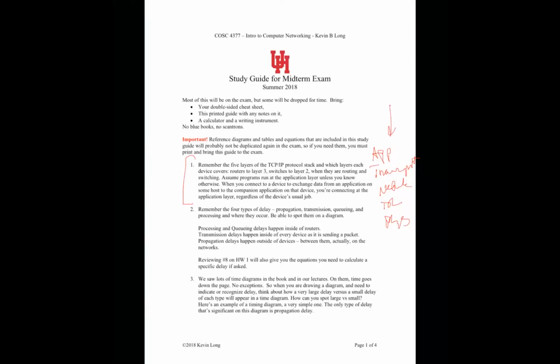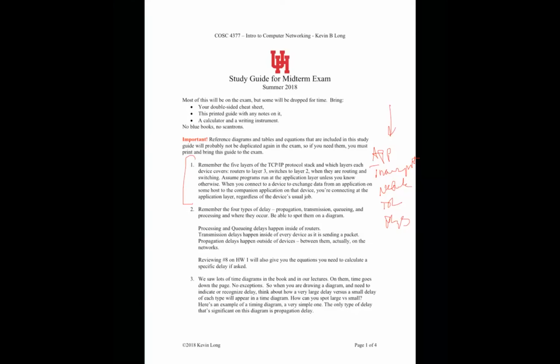It lists what the name of the type of address is, whether it's process ID, port number, IP address, Ethernet address, et cetera. It lists the kinds of devices that you find at each layer. It lists some of the more popular protocols in each layer. So it's a nice grid, and I will add that. So give me a chance to throw that in there and put them up.